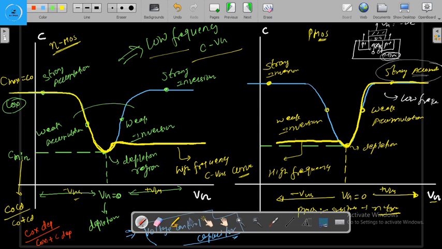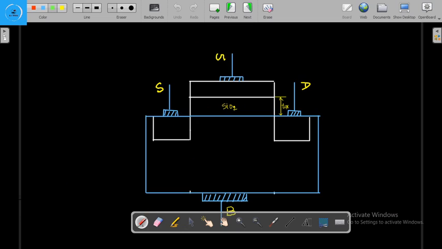When we are using COX, we use C dep. When we are using CO, we use CD, because for this we have to divide by the W, right?